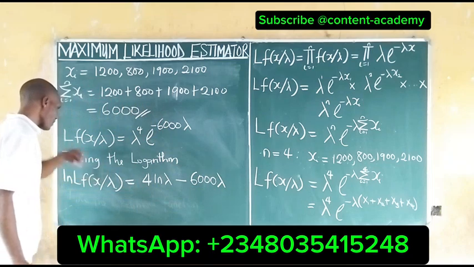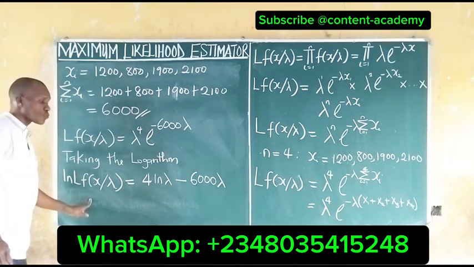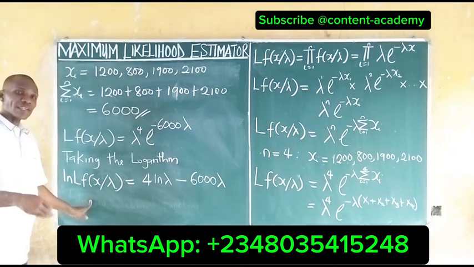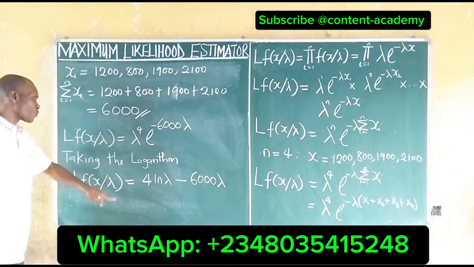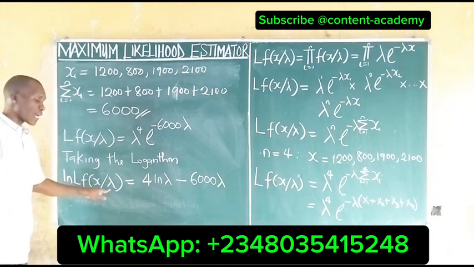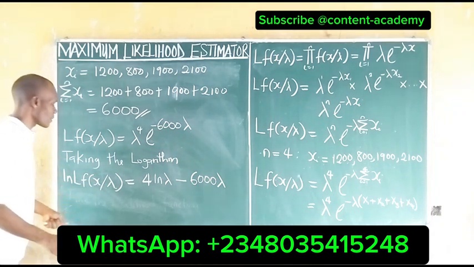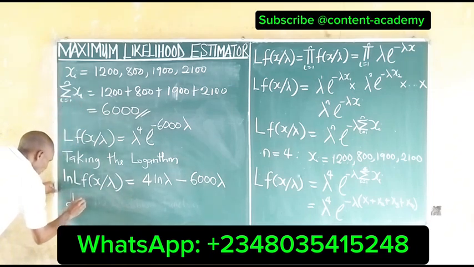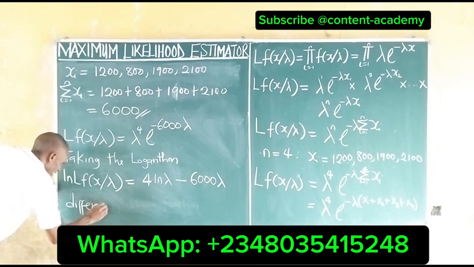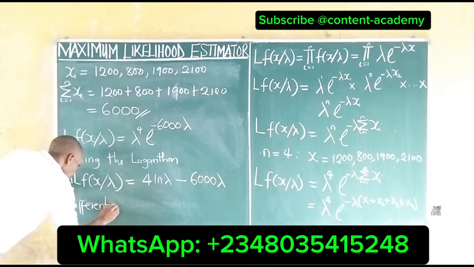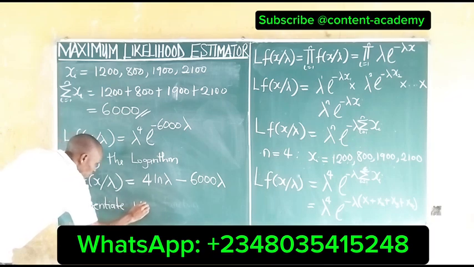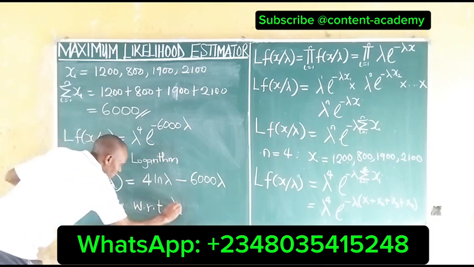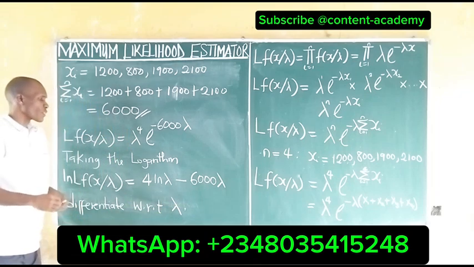So this is what we get. Now, the next thing to do in maximum likelihood estimation, after taking the log, is to differentiate with respect to lambda, because we are asked to find the estimate of lambda. So we differentiate with respect to lambda.